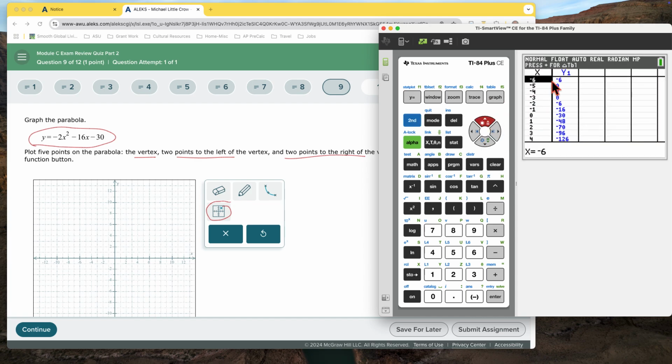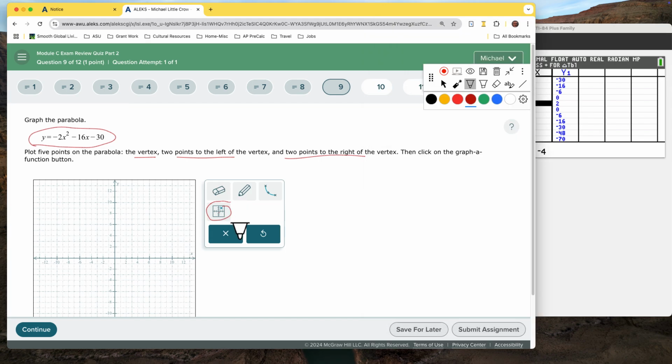I want 2 points to the left or smaller, so that's negative 6, negative 5. But I'm going to do what they say. Let's start at the vertex, negative 4. As we see, it's 2. That's a maximum value. Then it goes down to 0 and goes negative this way. And going in the other direction, notice from 2, it goes down to 0 and then down more negative. So negative 4, 2 is our vertex.